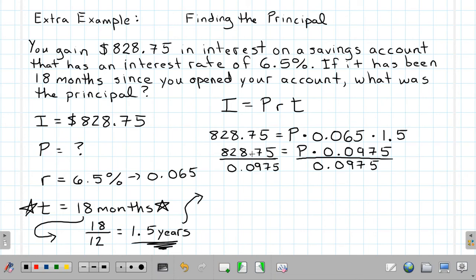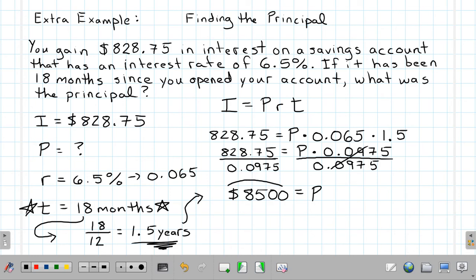If you do 828.75 divided by 0.0975, we get 8,500. Those numbers cancel out, leaving us with P. Since we are talking about principal here, that's $8,500.